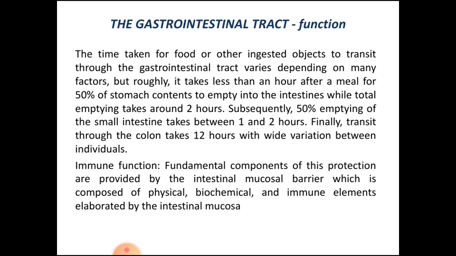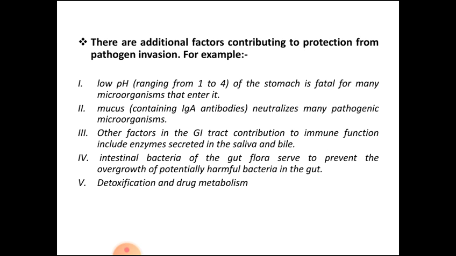Immune function: a fundamental function of the GIT is protection against microbes. This is done by the intestinal mucosa, which works as a barrier composed of physical, biochemical, and immune elements, making it a protective organ.